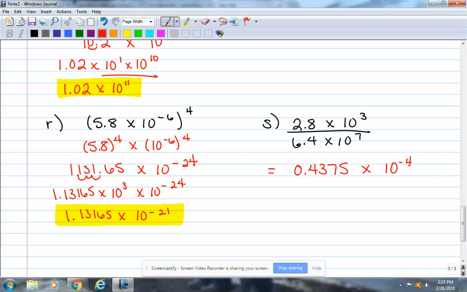Move it one place, and this number is starting out smaller than 1, so it's 4.375 times 10 to the negative first power. So if the number starts out too small, it's a negative exponent. If it starts out too big, it's a positive exponent. Well, we're adding them: negative 5. So the final answer is 4.375 times 10 to the negative 5.